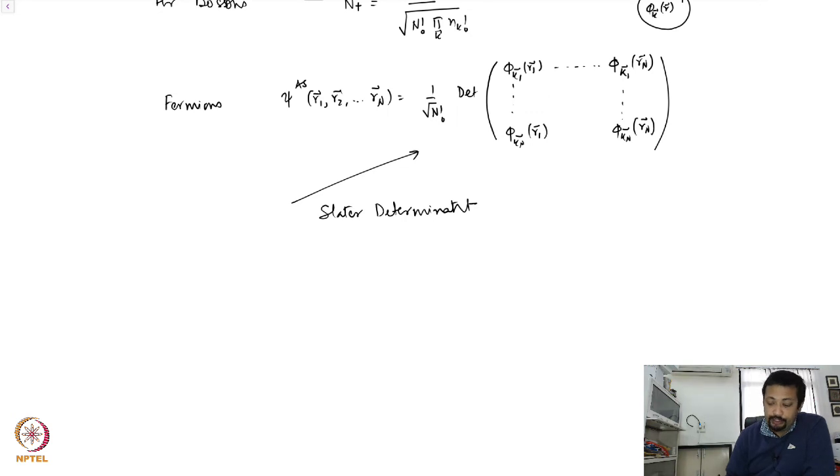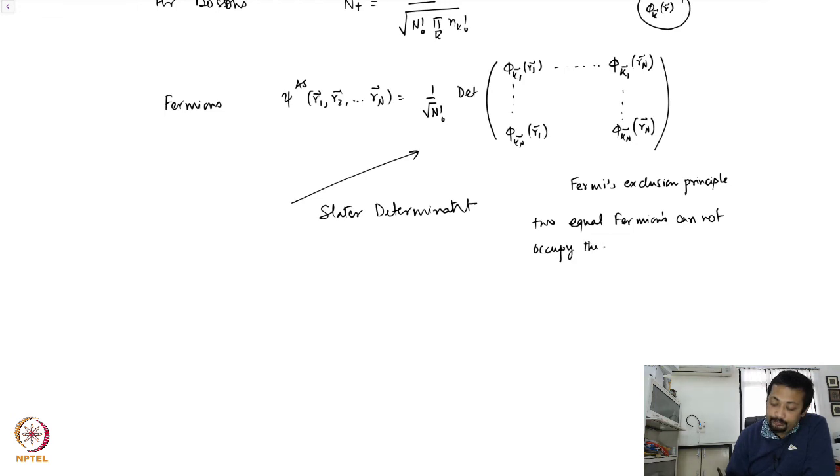From this form of the wave function, it is clear that fermions obey Fermi's exclusion principle, which states that two equal fermions cannot occupy the same single particle state.